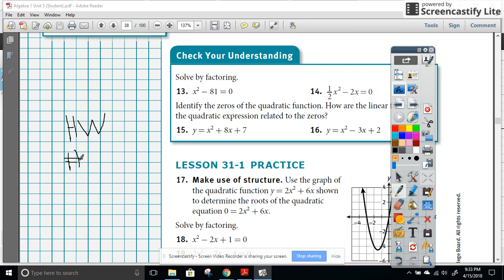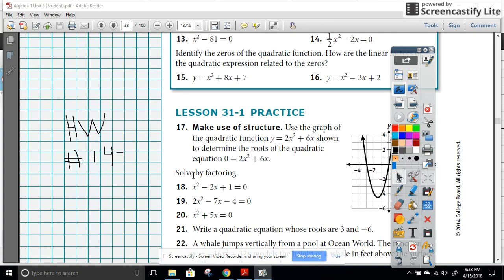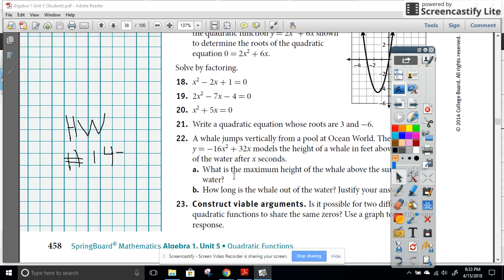Number 14 through, what's at the bottom of the page? 14 through 23. Okay, you may need to use the graphing calculator, or since your laptops are already opened for you to watch this video, it's fine if you use Desmos.